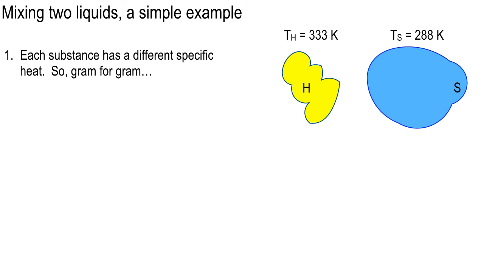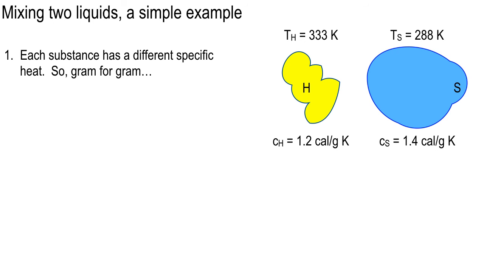So what we're going to do is take two hypothetical substances, substance H, a small blob of that, and substance S, a bigger blob of that. Substance H is going to start at 333 Kelvin, pretty hot, it's yellow. And substance S is going to have an initial temperature of 288, so it's going to be cooler. And each one has a different specific heat.